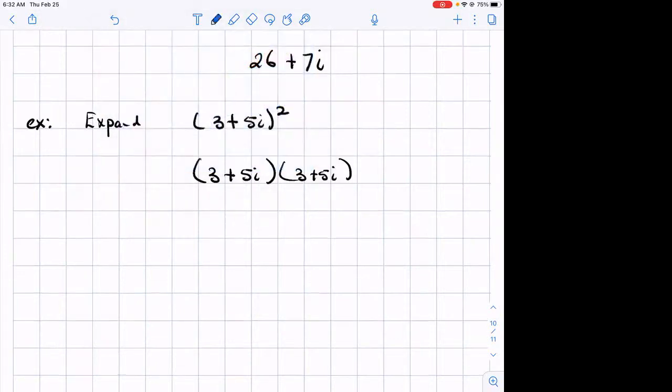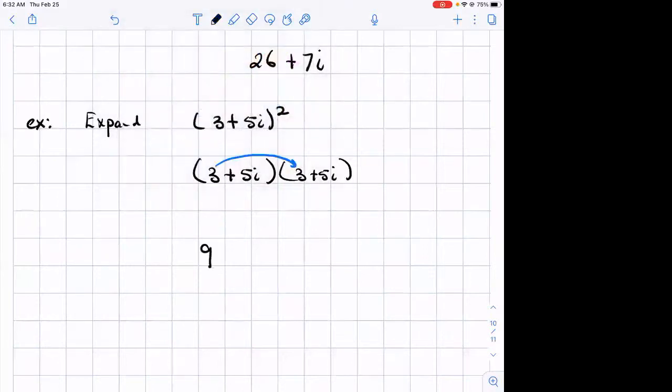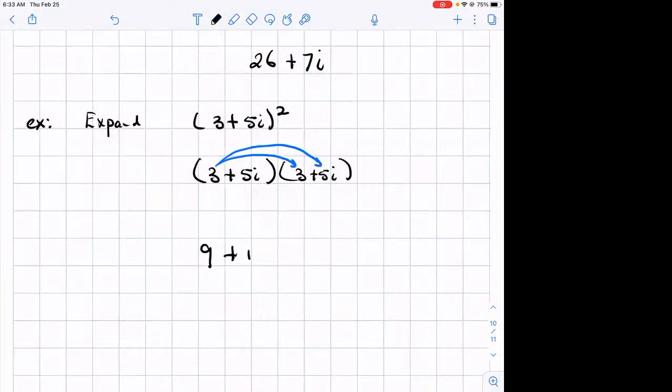So by distributing 3 times 3, which becomes 9, then we have 3 times 5i, positive 5i, and that becomes plus 15i.